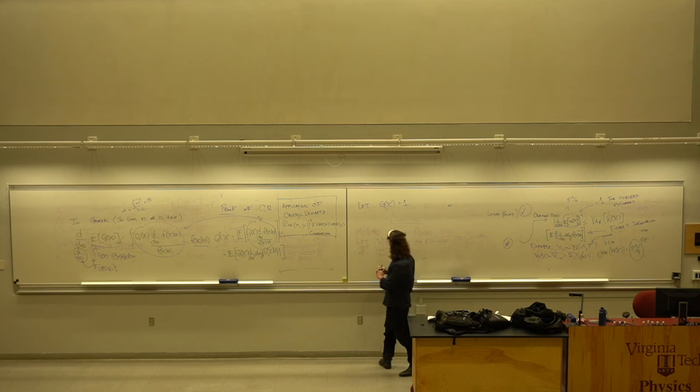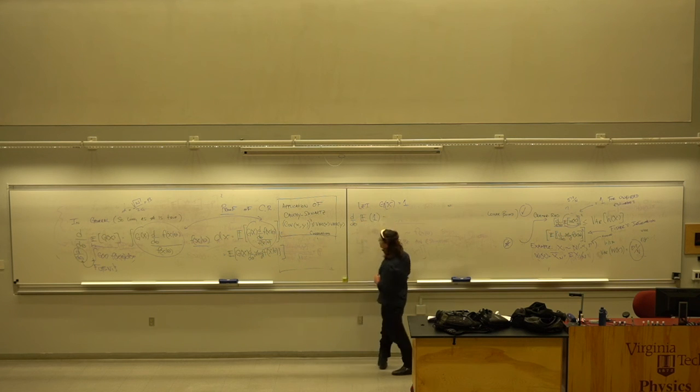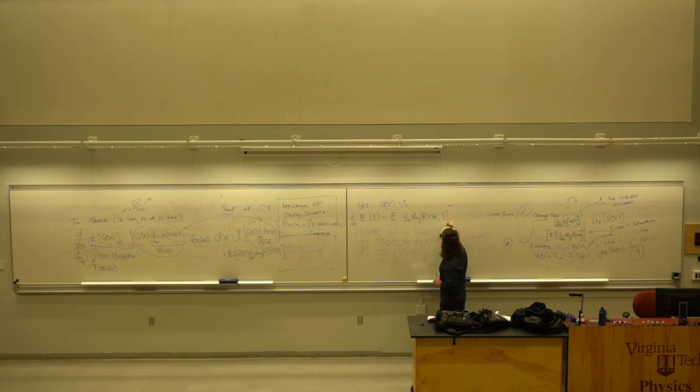Then what we just proved is that the expectation d theta of 1 is going to be equal to the expectation of the derivative of the logarithm of f of x given theta. So I'm just substituting in g right there.